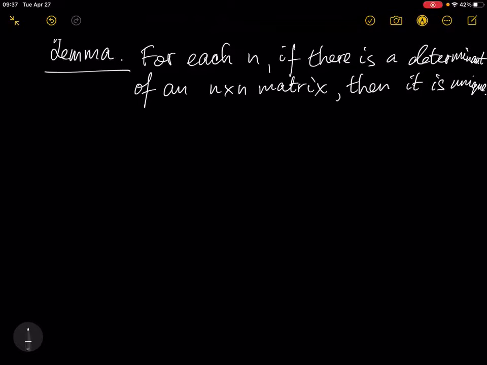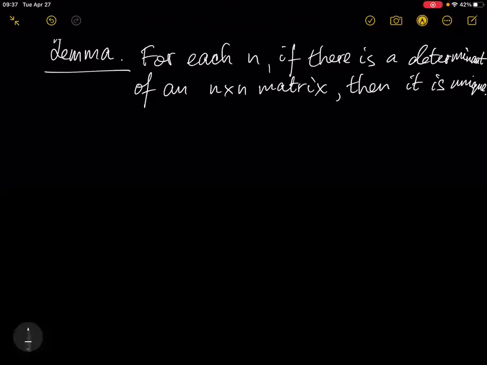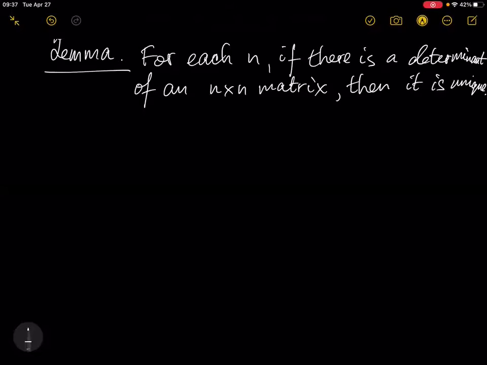This is why, for example, I first introduced this definition and then said that this is how we can compute it using Gaussian elimination. We bring it to the row echelon form and then multiply the elements on the diagonal.